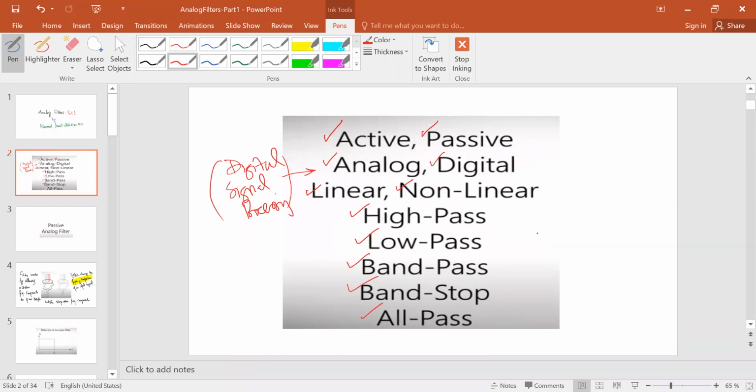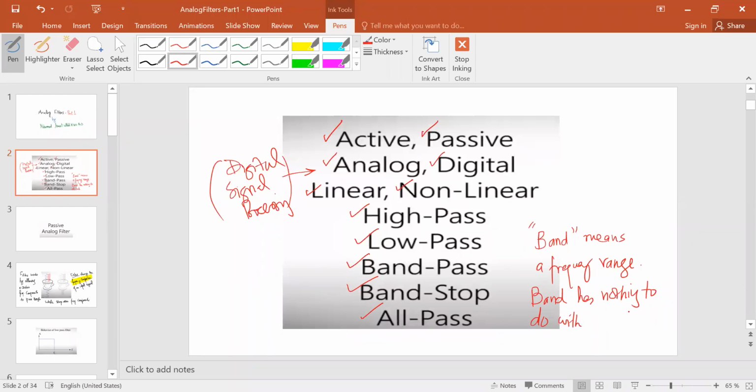Keep in mind the word band. When we look at this word, band means a frequency range. So it has nothing to do with time.